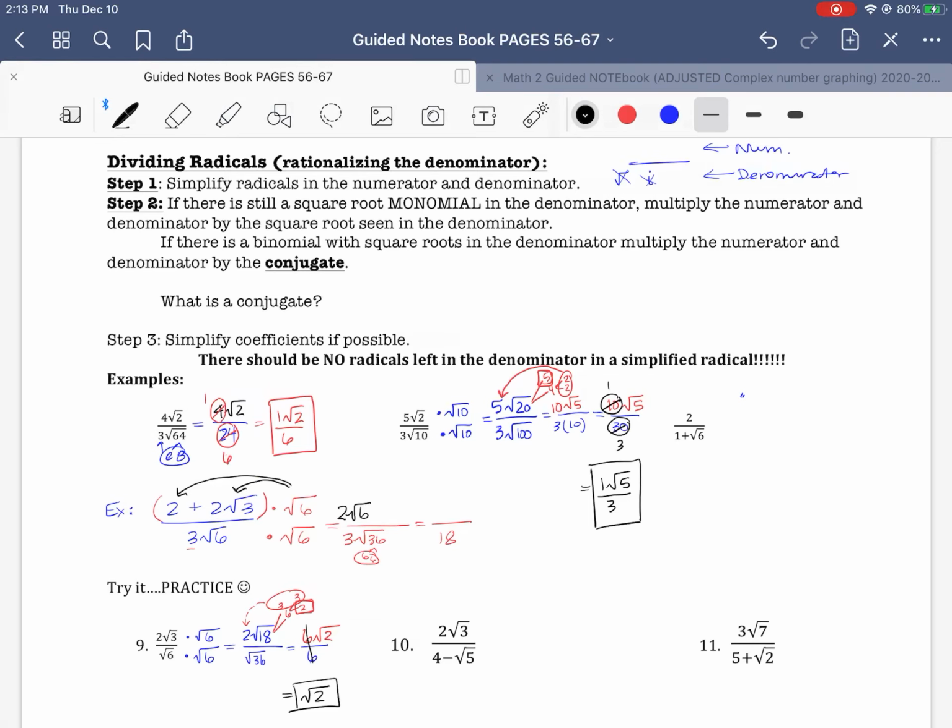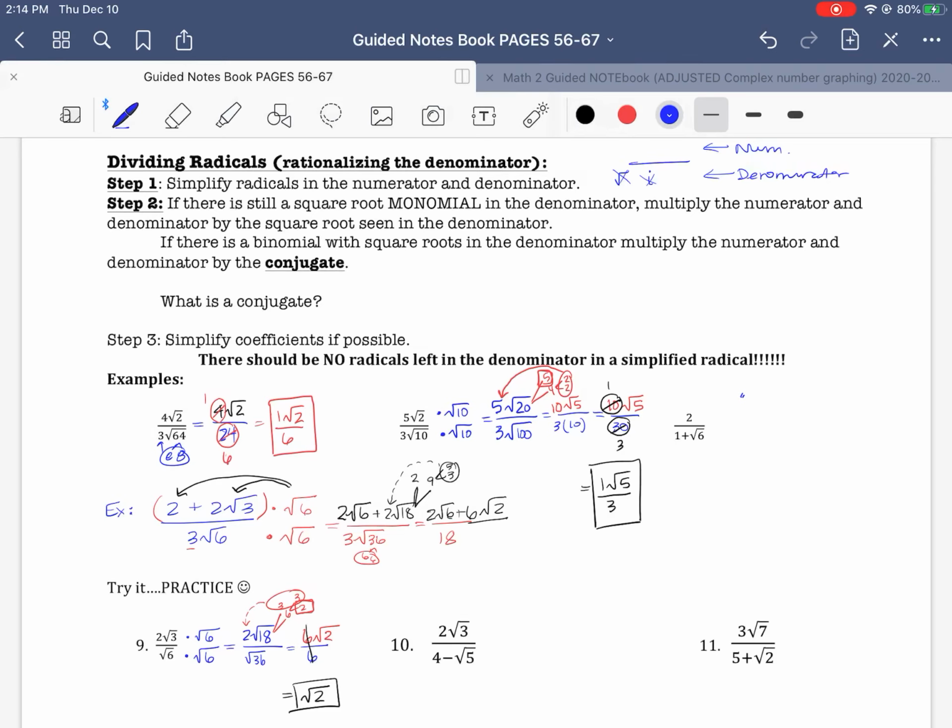Then we distribute to this term, so 2 root 3 times the square root of 6 would be 2 square root of 18. And again, we just looked at 18 can break down, so 2 and 9. 3 and 3, we've got a group there, so this guy can come out with the 2. This would end up looking like 6 square root of 2 there on the end, and then that first term again was already simplified, so we've got 2 square root 6 plus 6 square root 2 all over 18.